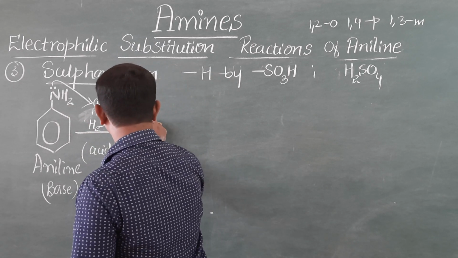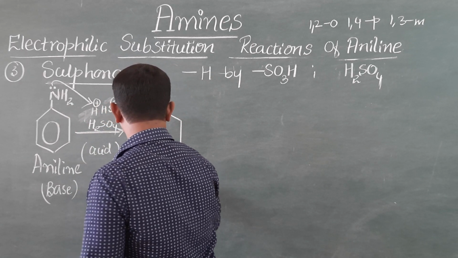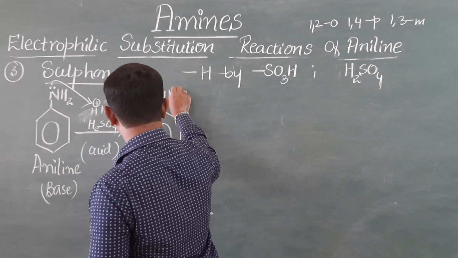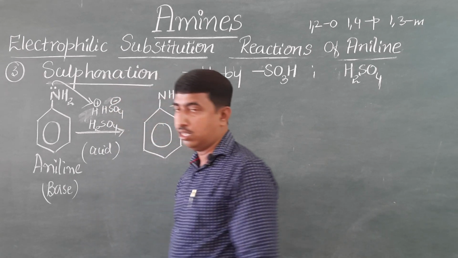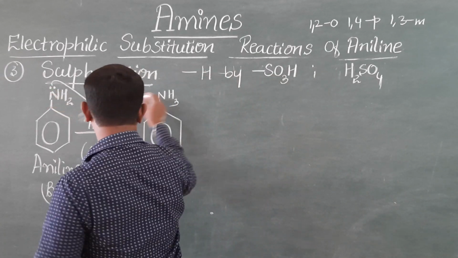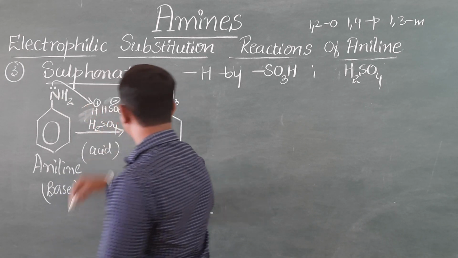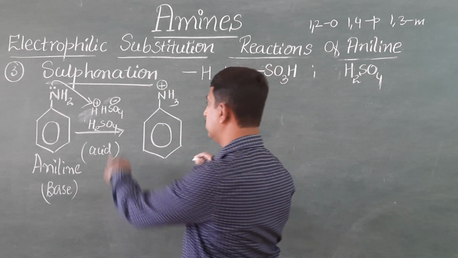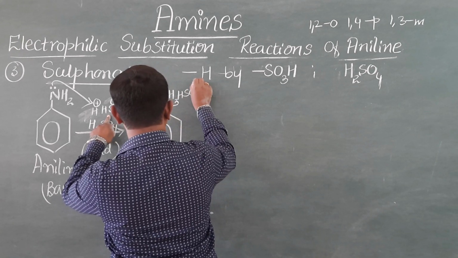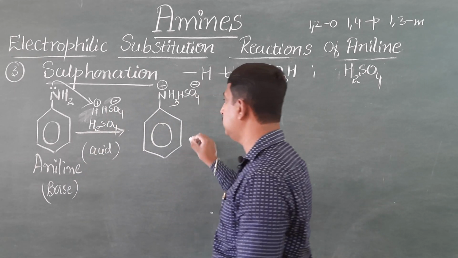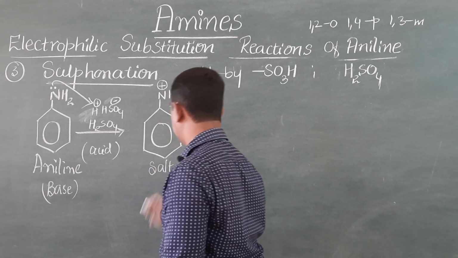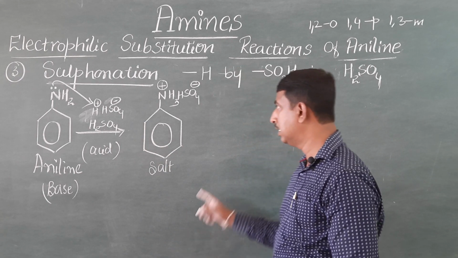After accepting a proton, NH2 becomes NH3 plus, due to the loss of the lone pair, with HSO4 minus. This is a salt. Acid base reaction always results in the formation of a salt.